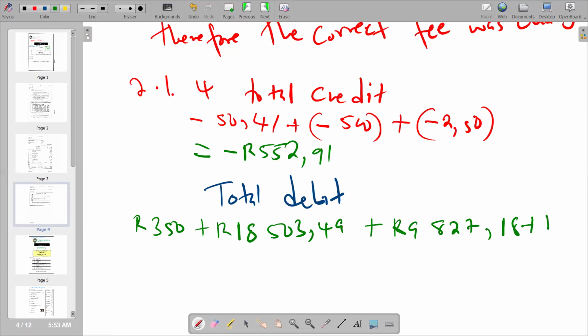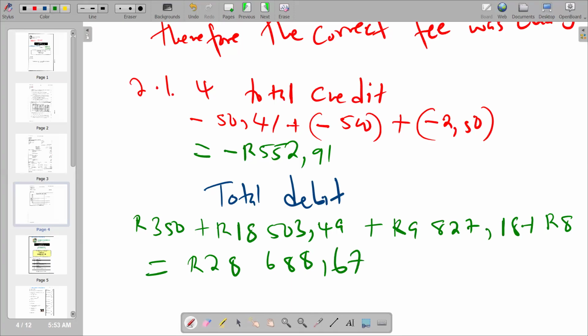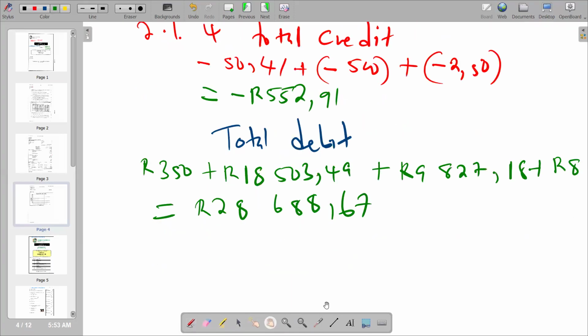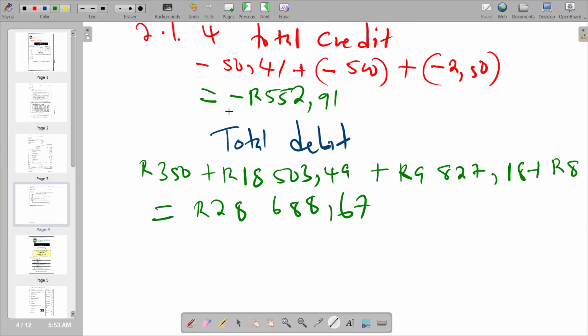So if you add there, you see that you're going to get a total of 28,688 rands and 67 cents. So this becomes your total debits. So this one is our total credit and this one becomes the total debit.